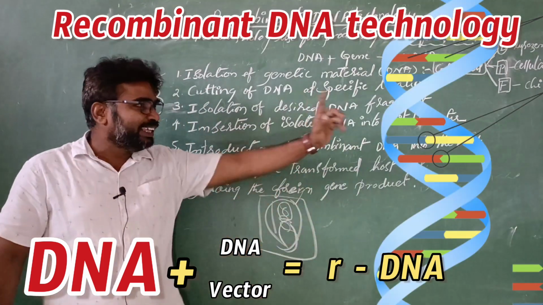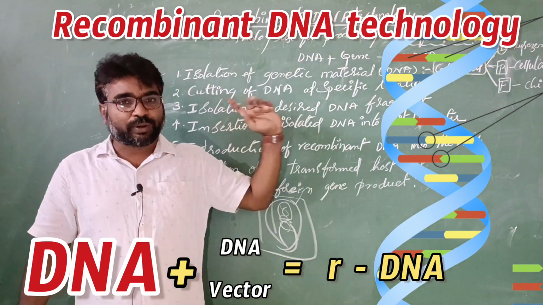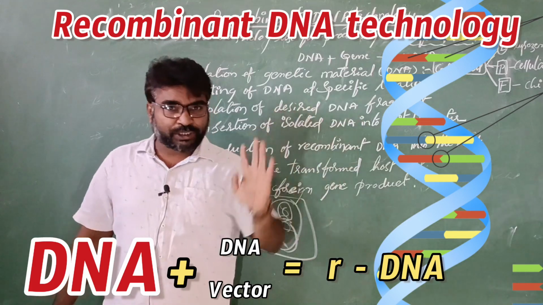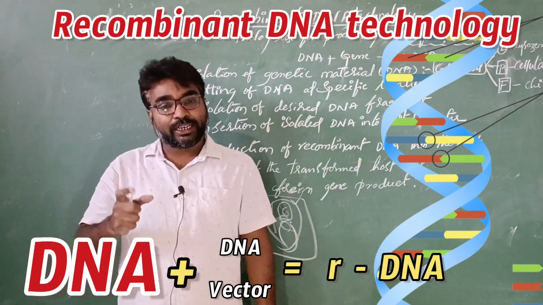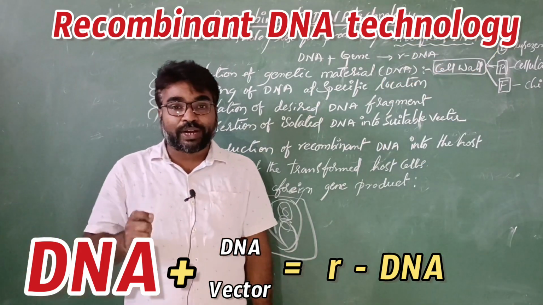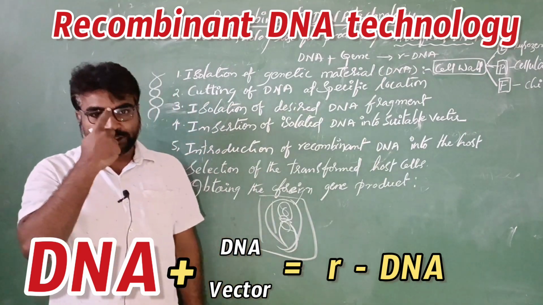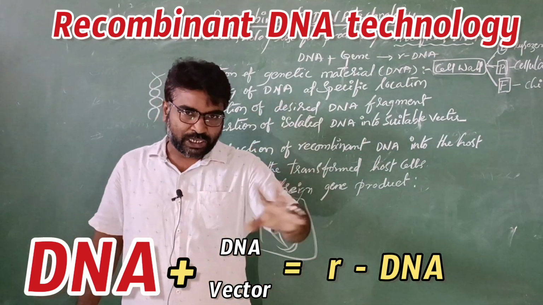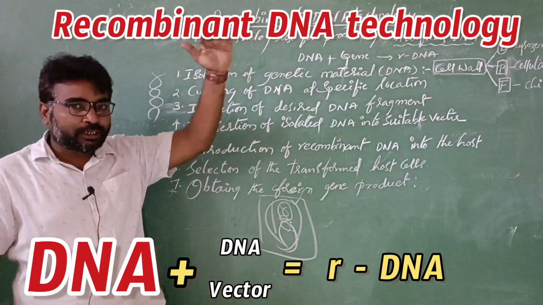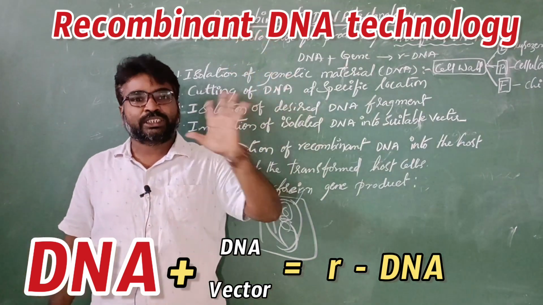So we require that information, because whichever products we require, we produce them in vitro, artificially. For that, we require this technology. That technology we call recombinant DNA technology.